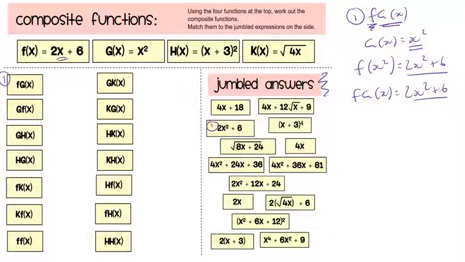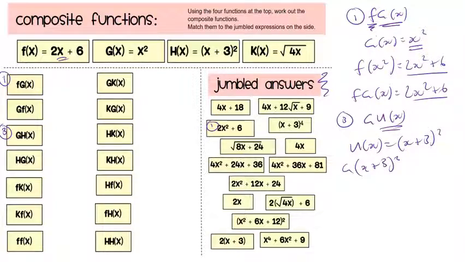I think question 3 was one of the tricky ones here. Let's try that. So that's g of h of x. So we're starting with h of x, which is equal to x plus 3 squared. And then we're going to use all of that as the input for function g. So for function g, we're going to square this.